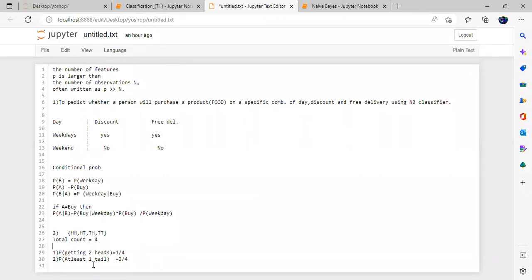So probability of getting at least one tail: if you observe, in 3 observations there is at least one tail. So you will get the probability like 3/4.